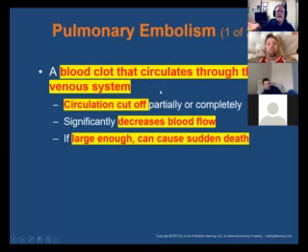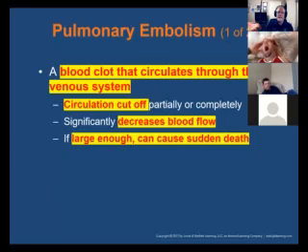So things like someone who has surgery and they don't get up and walk, they don't move about, and that motion facilitates venous return to the heart. So you don't have any blood clots that are building up.